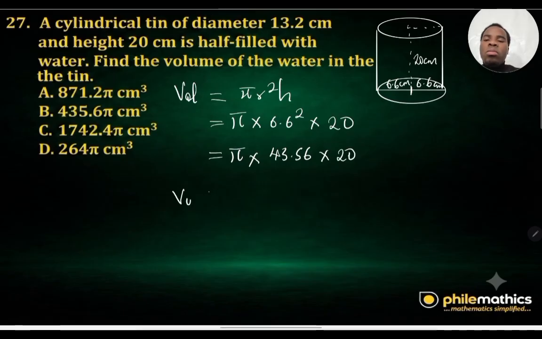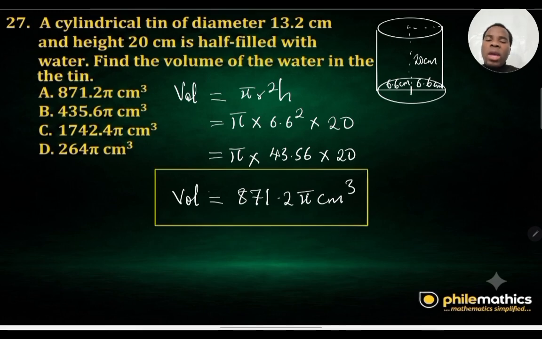Our volume will now be 43.56 times 20, which gives 871.2 pi centimeter cube. This is the volume we are asked to look for, which is A.